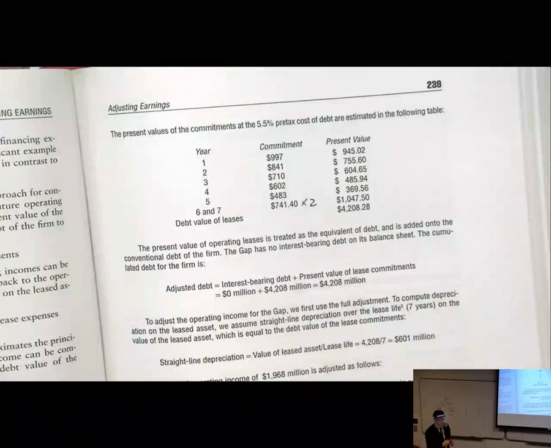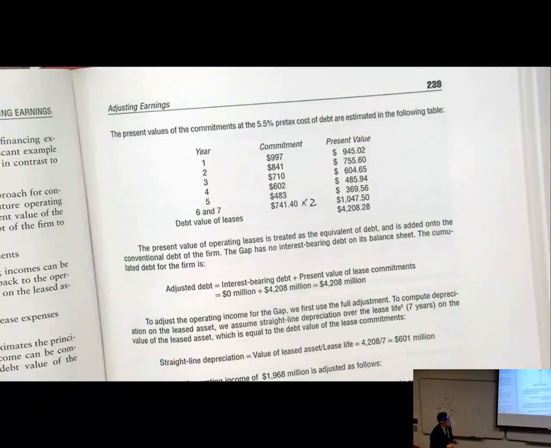All those buildings are yours. So on your balance sheet, this company has zero debt, but it actually has $4.2 billion long-term debt. When you do financial ratio calculation, everything will go wrong if you exclude this leasing agreement.